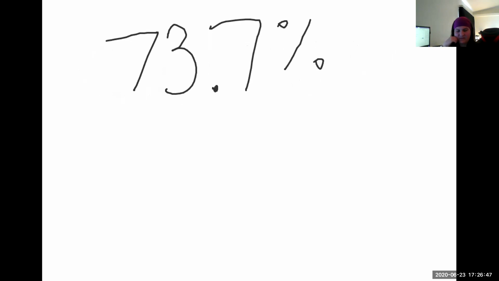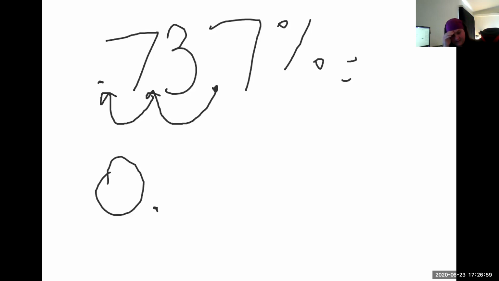And what we're going to do, we're going to move it to the left twice. So that changes our number to 0.737. So there's our answer. If we're changing 73.7% to a decimal, we have 0.737.